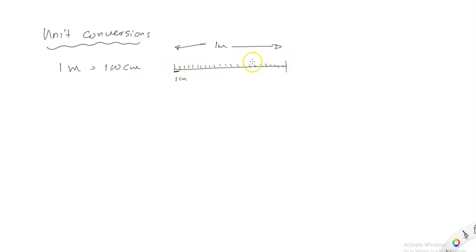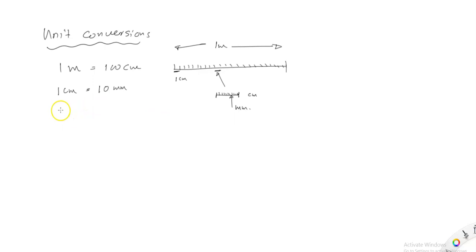And inside a meter there are 100 centimeters. Another important one is 1 centimeter has 10 millimeters in it. So if you enlarge this little segment over here, if this is a centimeter, it is divided into 10 of these things, which are millimeters.